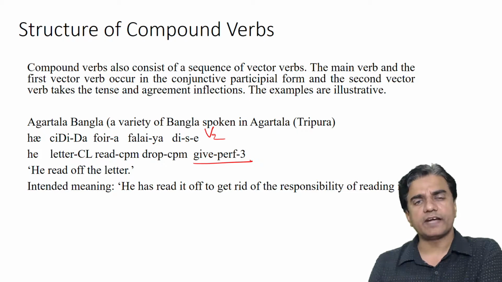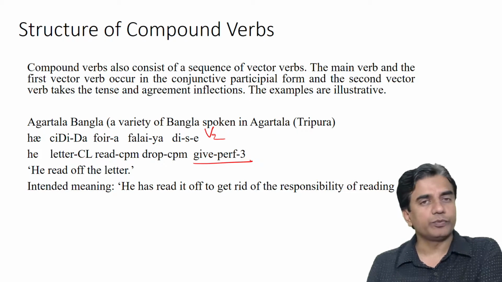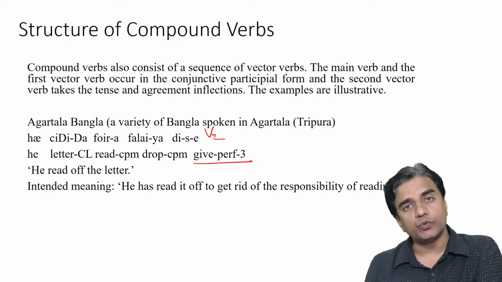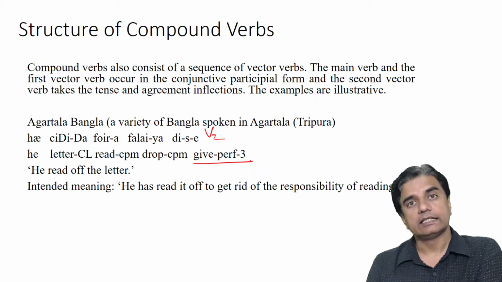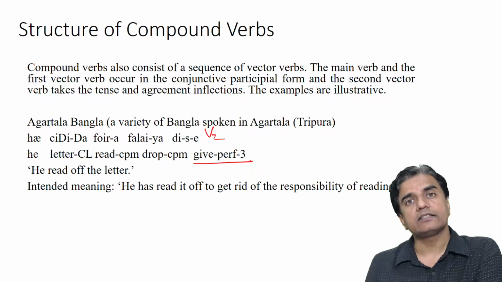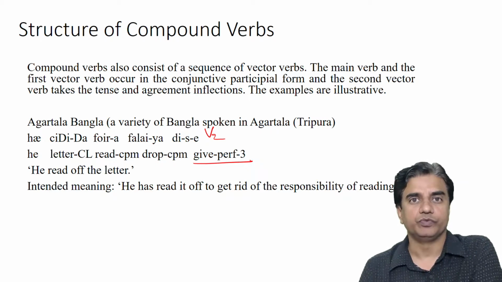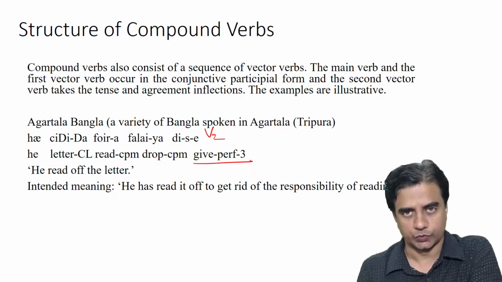One way to put this fact is we have V1, V2 and V3. The other way to put this fact is we do have V1 and V2 only, but for V2 there is yet another complex verb which functions as V2, and that's a very unique phenomenon in a language like Hindi too.